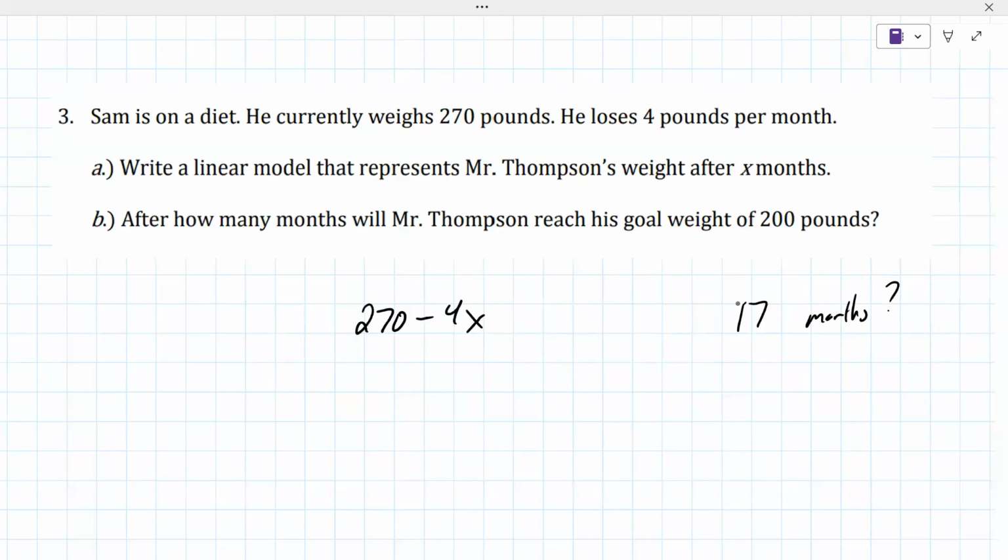No, it's just over 200 pounds, so it has to be 18 months. Exactly. You have to be able to distinguish between those two when you get there. Good. All right.